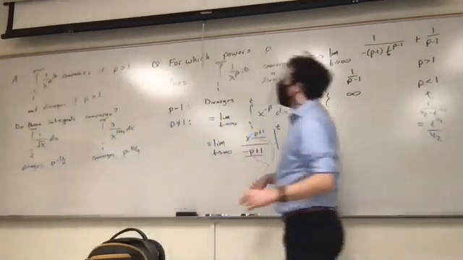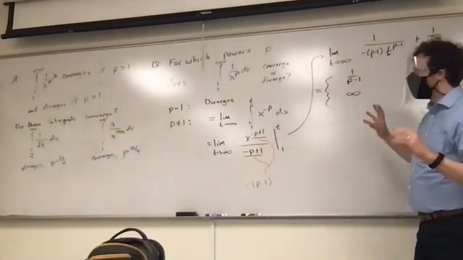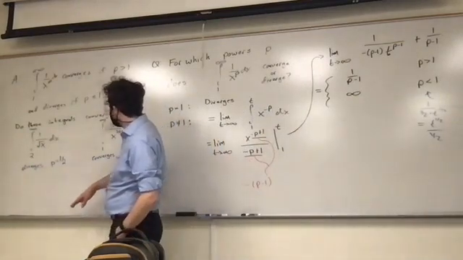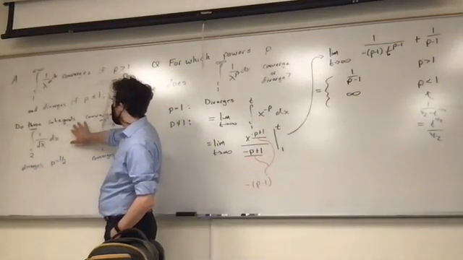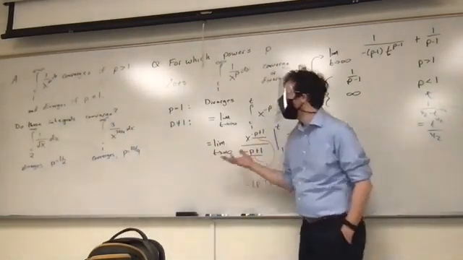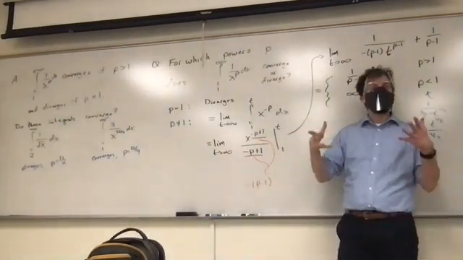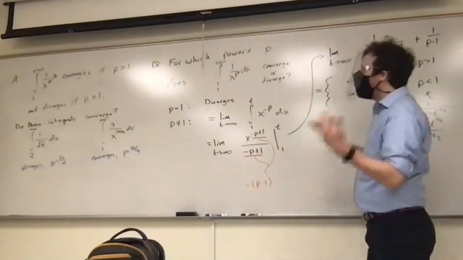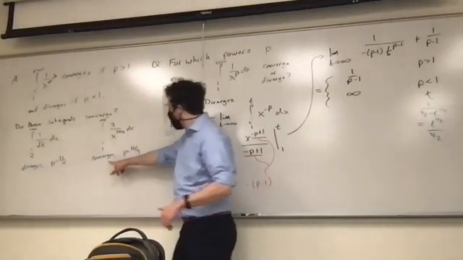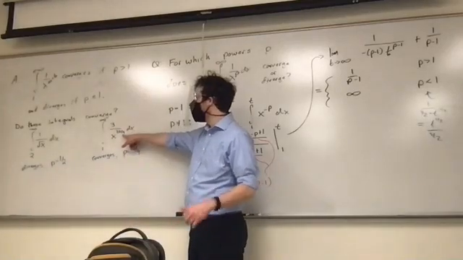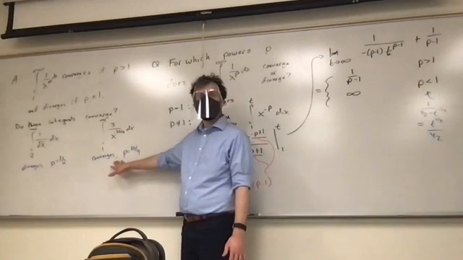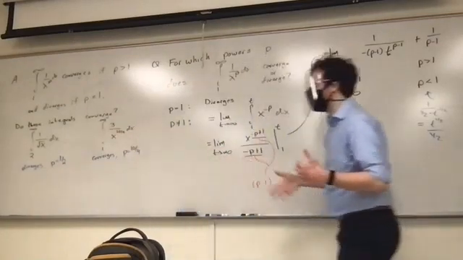Where you want to be careful, though, is a slight variation: if a problem said, identify if these converge or diverge, and if they converge, find the actual value, then what you need to do is say, okay, this one diverges because p is a half. This one converges because the exponent's 10/9. And since this one converges, I need to find the number, and that's where you actually have to evaluate the limit.